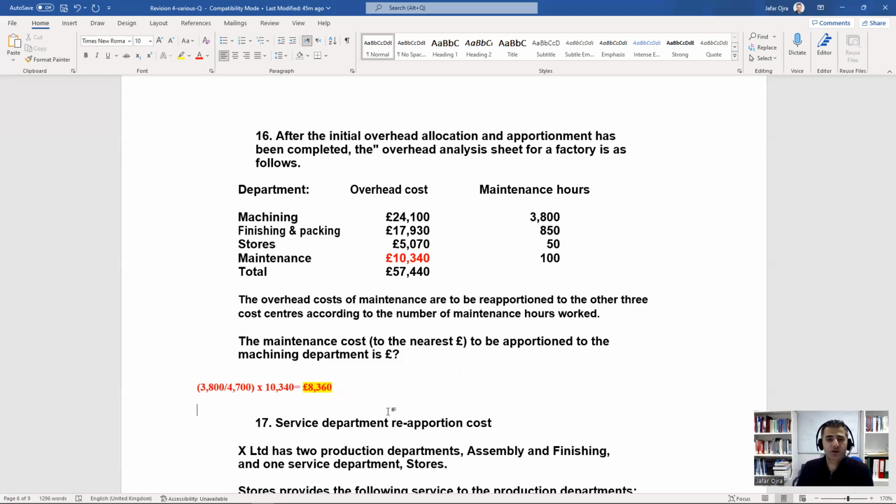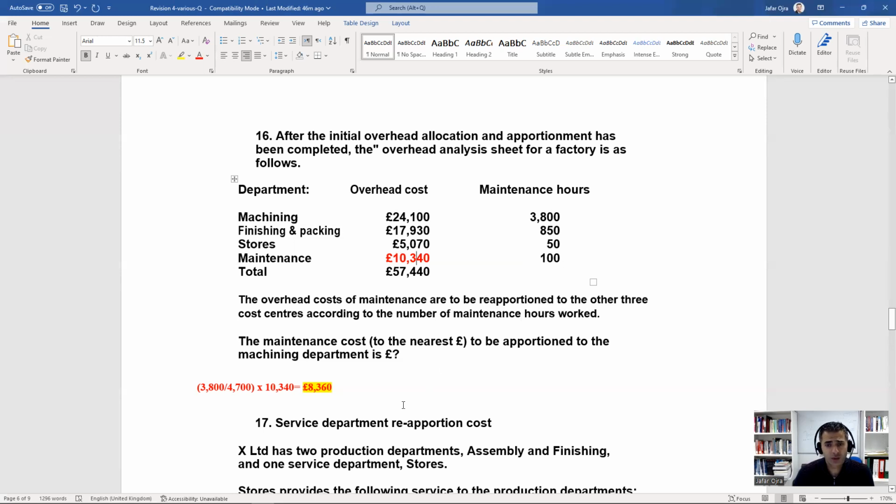If the question asks you for finishing and packaging, you do 850 divided by 4,700 hours, and for the stores, 50 divided by 4,700 hours, and then you multiply by 10,340. That is the way you go ahead.